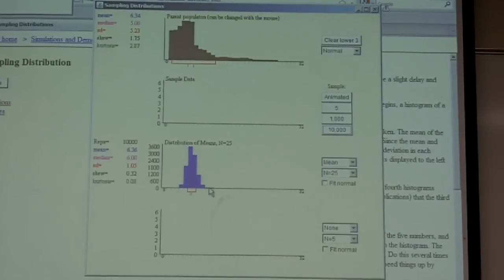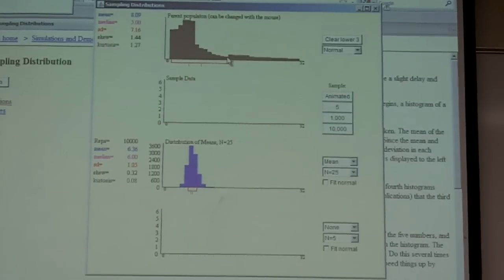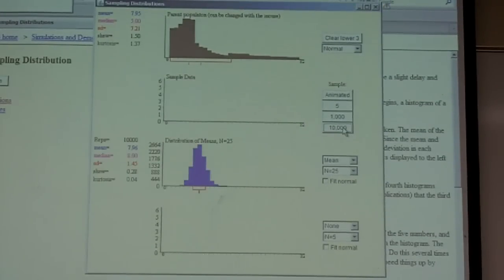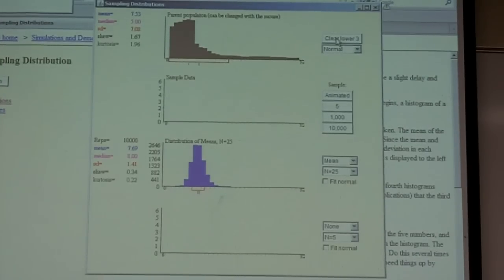It's still showing you a little bit of a tail. So you see, it's pretty robust. That's one of the assumptions, that it's pretty robust to the shape of the original population, but you get a little bit of lack of normality because of these tails here.